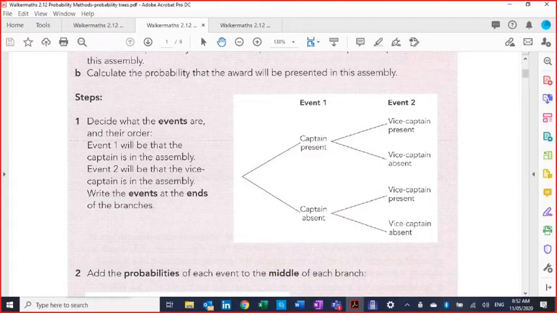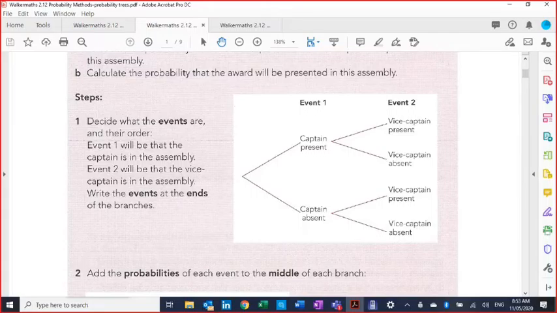Okay. Decide what the events are, first of all, and their order. So always think about what it is you're measuring. So here, event 1 is that the captain is present or absent, right? You have 2 possibilities. The second event is talking about the vice captain, and he can either be present or absent, right?